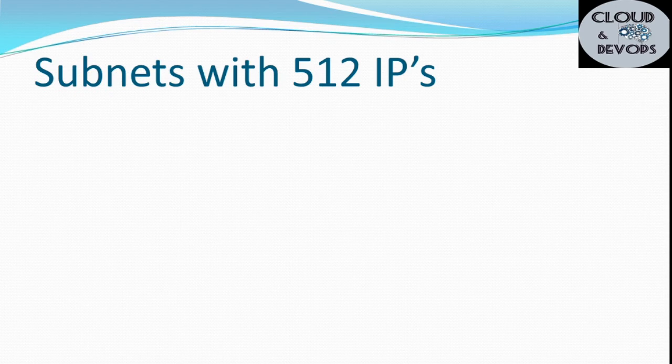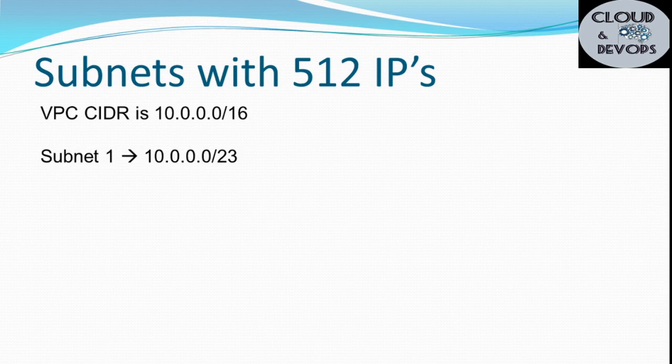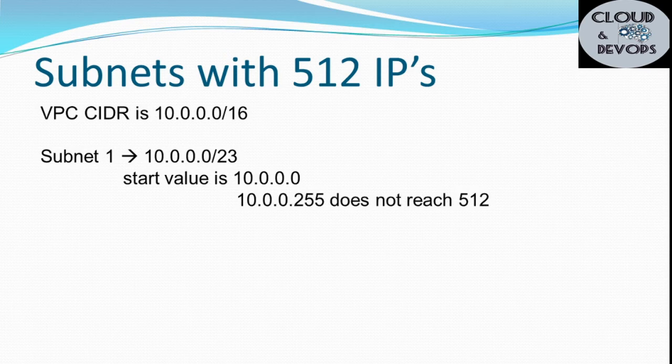Now subnets with 512 IPs. Imagine my VPC CIDR is 10.0.0.0/16. For subnet 1 we can give 10.0.0.0/23. The start value is 10.0.0.0 and it goes until 10.0.0.255, but it still doesn't reach 512 IPs, so it won't stop here. It will keep on increasing until 10.0.1.255.